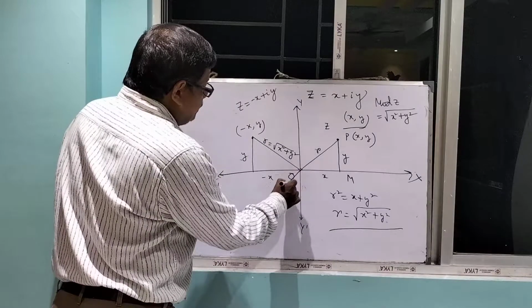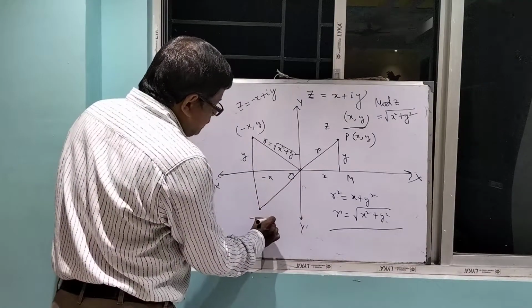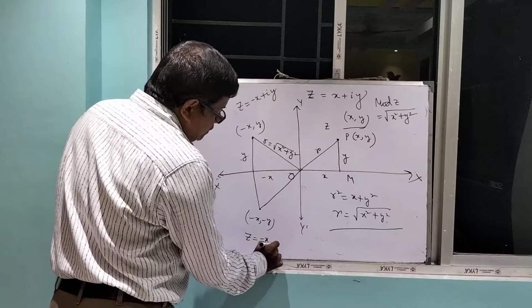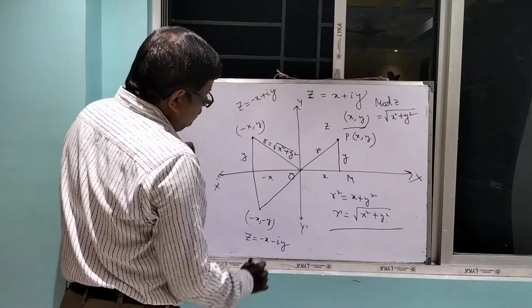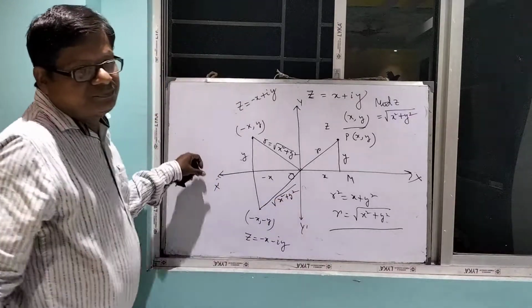Again, if you take the point here, minus X, minus Y, then Z equals minus X minus iY. Here also you get root under X squared plus Y squared.